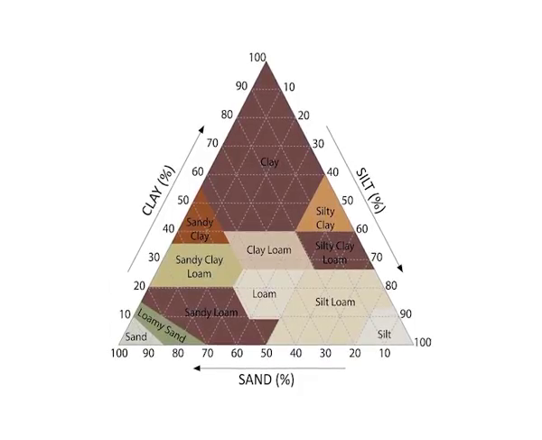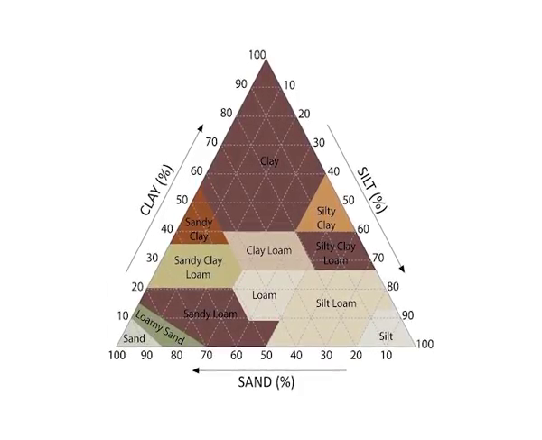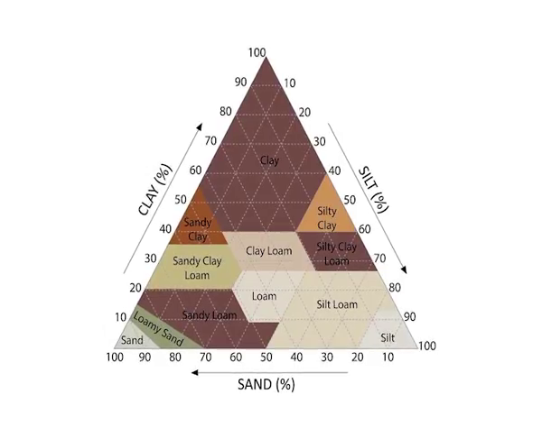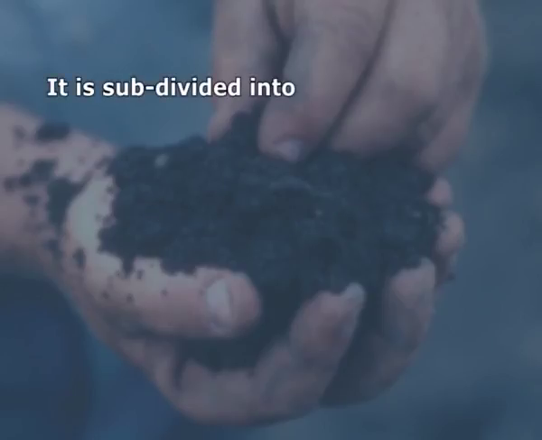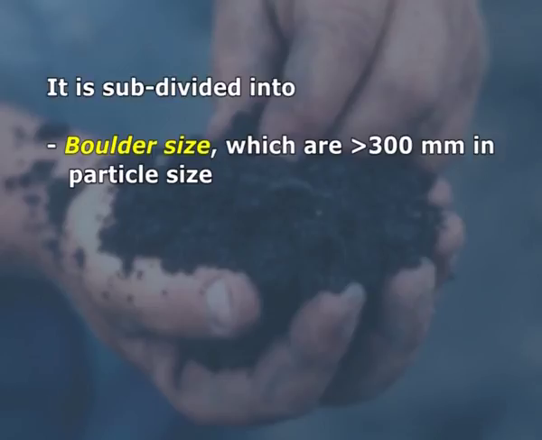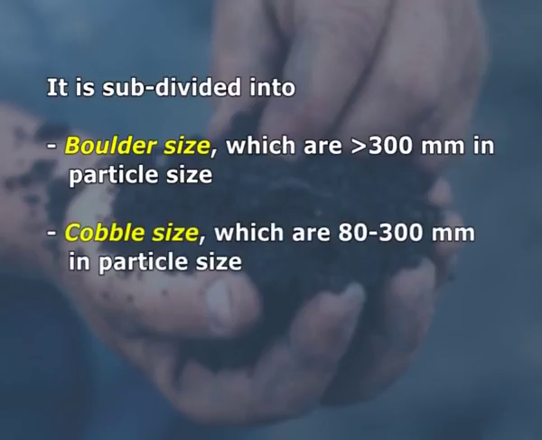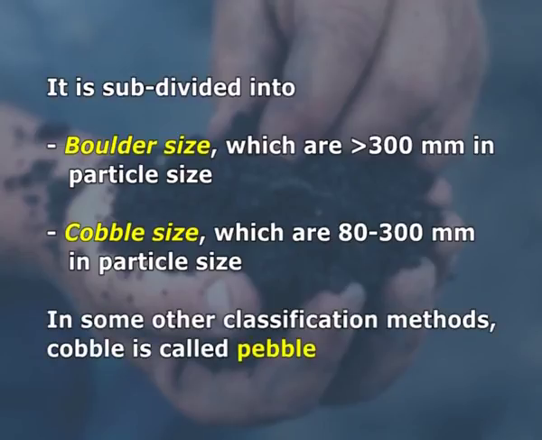The classification is as follows. Very coarse soil. It is subdivided into boulder, which are greater than 300 mm in particle size, and cobble, which are 80 to 300 mm in particle size. In some other classification methods, cobble is also called pebble.